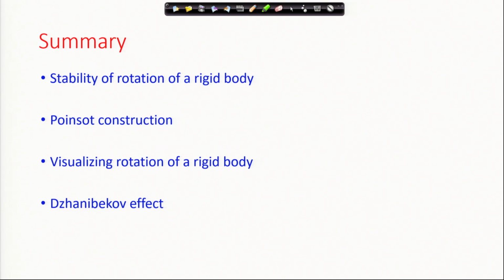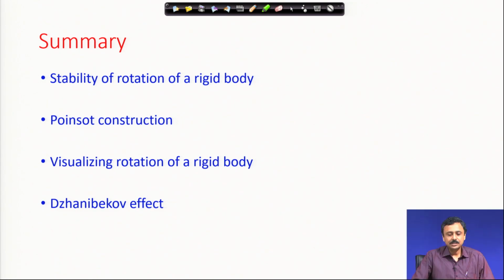So, let me summarize what we have discussed. We have studied the stability of rotating bodies. Using the Poinsot construction, we have visualized the growth of these perturbations, because our linear stability analysis, remember, did not give us any visualization of what will happen, other than saying that the system is unstable at the intermediate axis spin. The Poinsot construction gives us that.